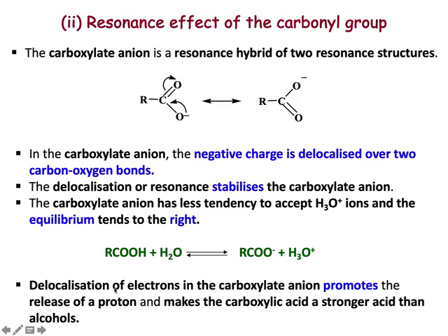Delocalization of electrons in the carboxylate anion promotes release of the proton and makes the carboxylic acid a stronger acid compared to alcohol. The main reason is that the negative charge is delocalized over two carbon oxygen bonds. That's why it forms a resonance for the carboxylate anion.